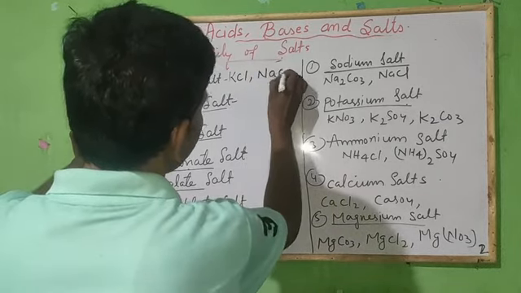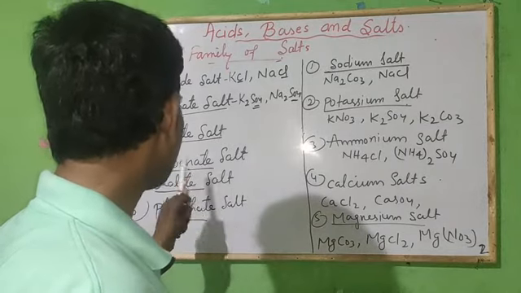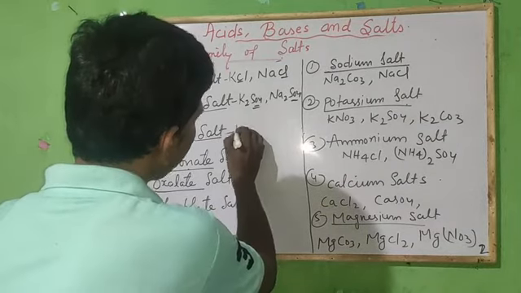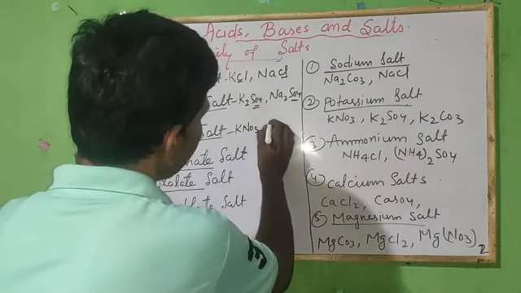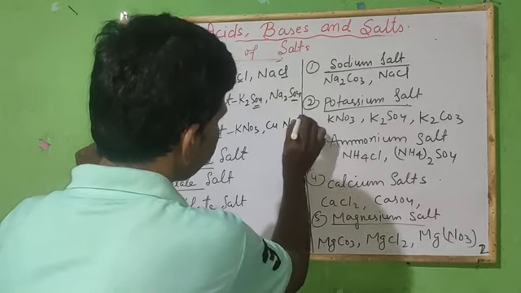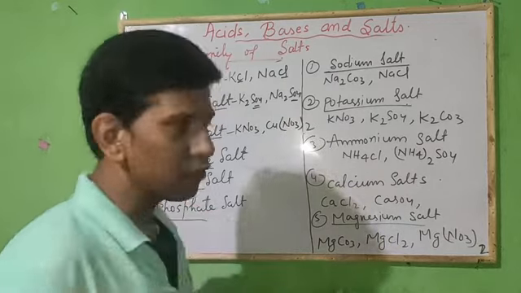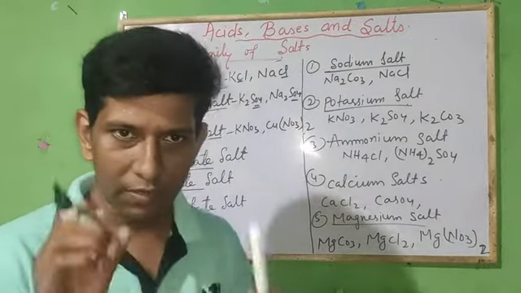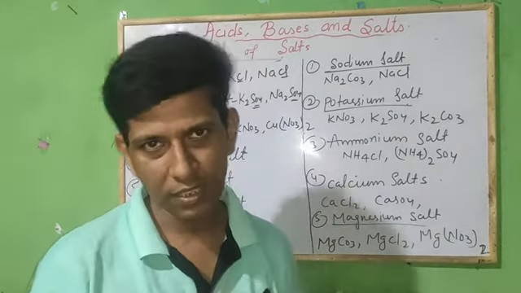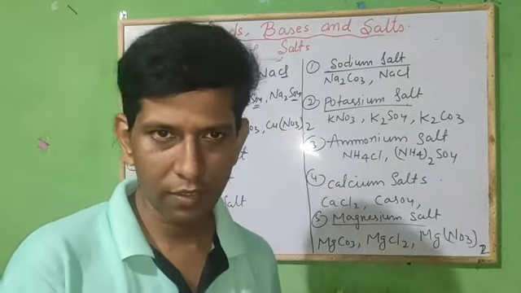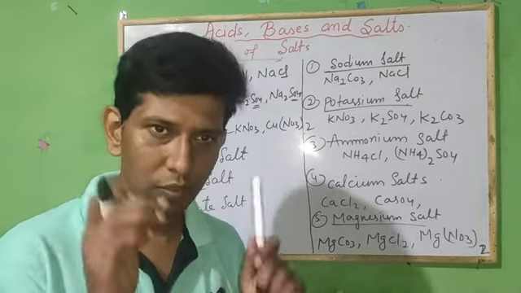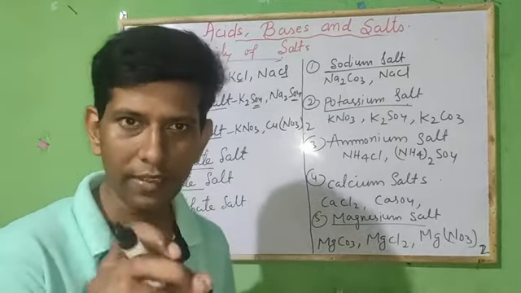Nitrate salt: if the acid is nitric acid, then the salt will be nitrate salt. So many examples are there, potassium nitrate, copper nitrate. Like this, carbonate salt: if the acid is carbonic acid, the base after reaction with carbonic acid will form a salt, and that belongs to the same family, that is which family?